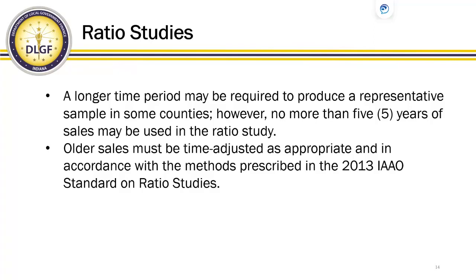Certainly inflation has been increasing the past year or so. But if you look back to, say, 2019, 2020, using the CPI might be a good guide in terms of time adjusting your sales. But anything over a year, those sales must be time adjusted.